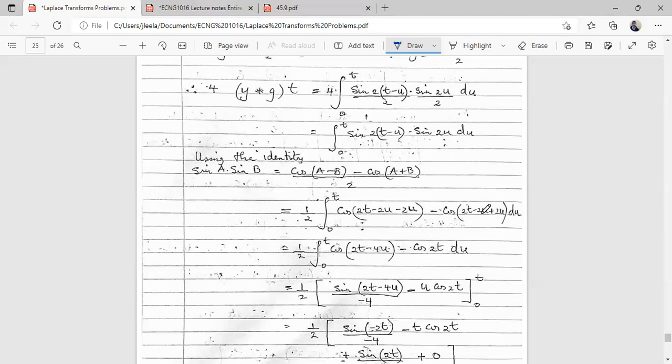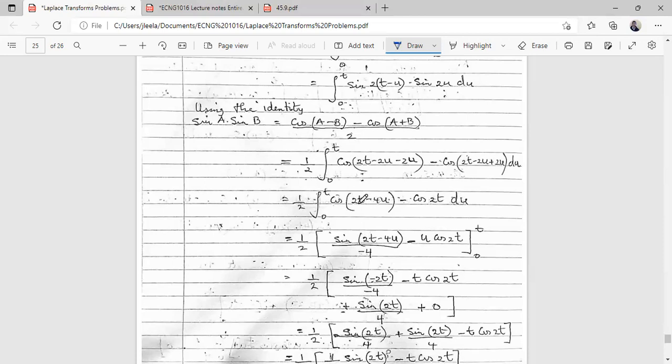So in the second term here, the 2u's will cancel each other, the plus and the minus, so you'll get cos 2t. And here now you'll get cos(2t minus 4u).